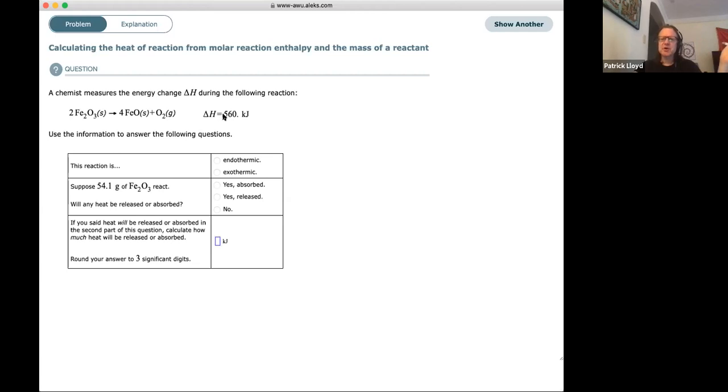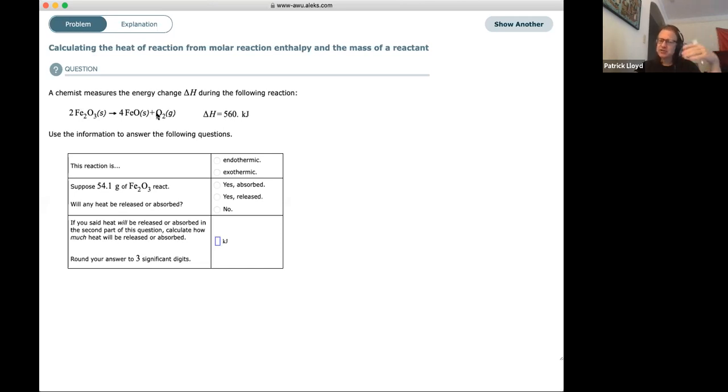Now, obviously, this one's positive, so it's absorbed, but the same idea. If I had 1 gallon of gasoline and I burned it, there's a certain amount of energy that's going to be released. If I have 2 gallons, it's going to be twice as much. So what we're doing here is we're relating the 560 kilojoules to 2 moles of Fe2O3 or 4 moles of FeO or 1 mole of O2.